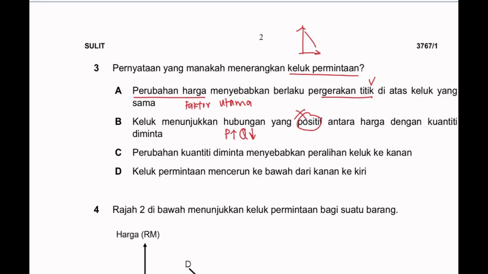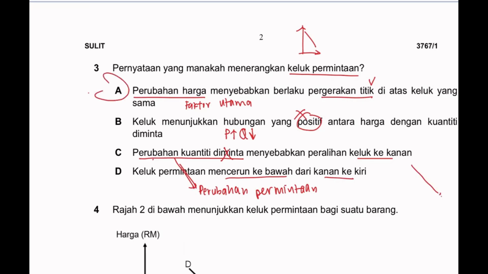So this is wrong. Perubahan quantity, keluk ke kanan. When the keluk moves left or right, we don't use the words perubahan quantity diminta. Instead, we use perubahan permintaan. The words they use are strong. And then cerun ke bawah, kanan ke kiri? No, kiri ke kanan. Left to right, not right to left. So your answer is A.